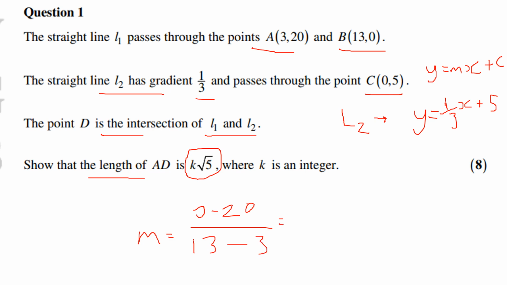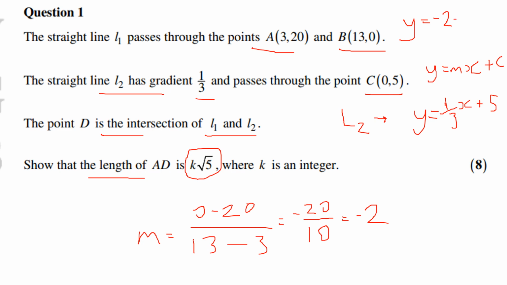So I'm going to get negative 20 on the top divided by 10, so minus 20 tenths, which simplifies to negative 2. So the gradient of L1 is minus 2.